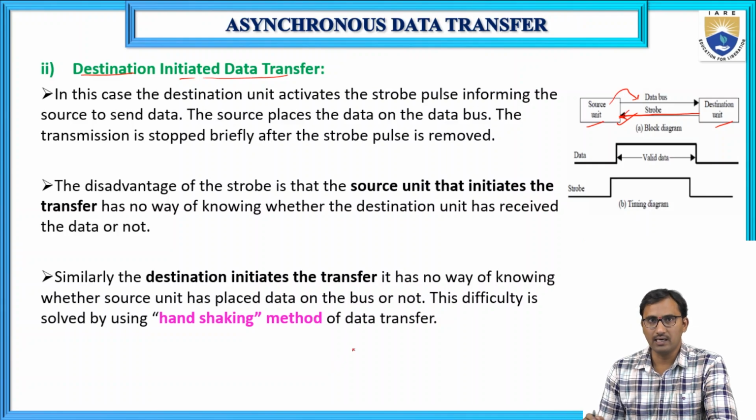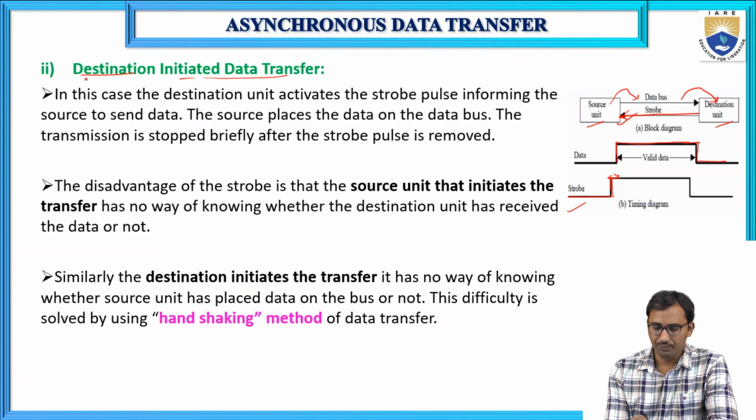After placing the data in the data bus, the data will be read by the destination unit. The same here you can see. First the strobe pulse will be generated. After a certain time, the data will be placed in the data bus, and then the data will be read by the destination unit. So that is a destination initiated data transfer.